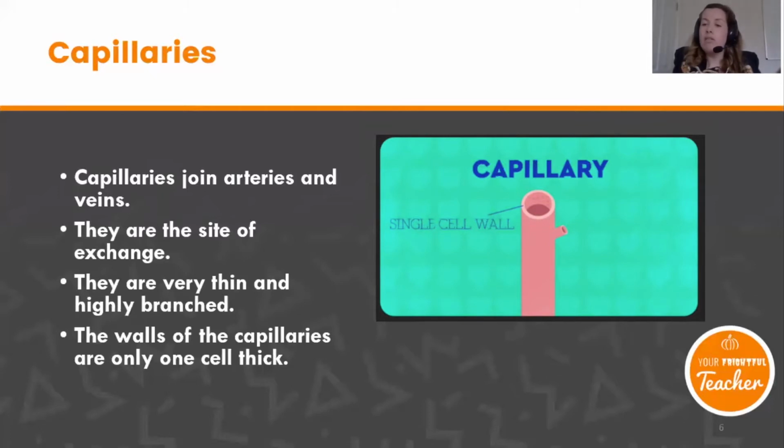They are very, very thin and highly branched. So an artery will have maybe one artery going to a main area, and that artery will split like the root of trees into hundreds and hundreds of different capillaries. And the reason it happens is so the capillaries can get close to all the different cells.